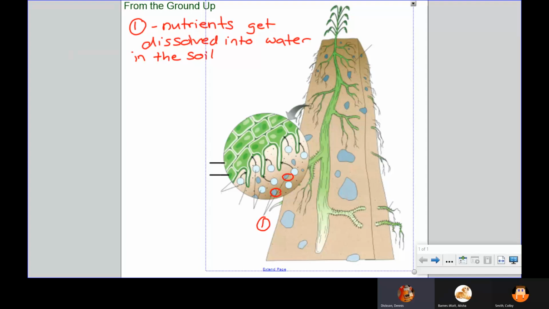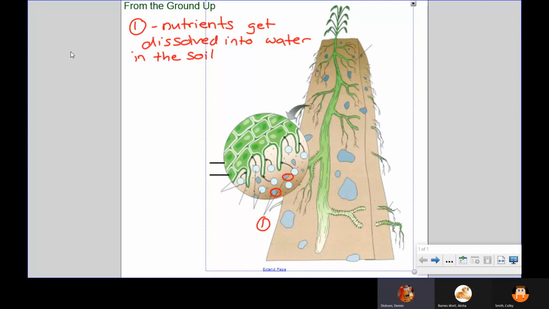That's in the soil. So remember how we talked during the science unit on water a while ago about how the groundwater absorbs nutrients? Well, this is another instance where that's going to play a part in our science unit. So the first thing that happens is nutrients get dissolved in the water.